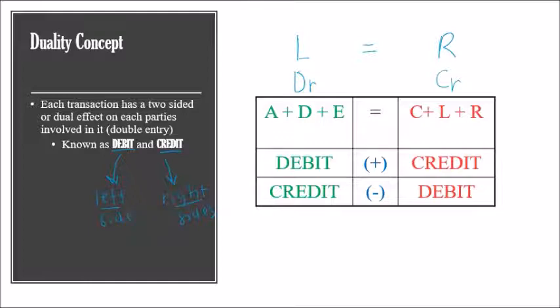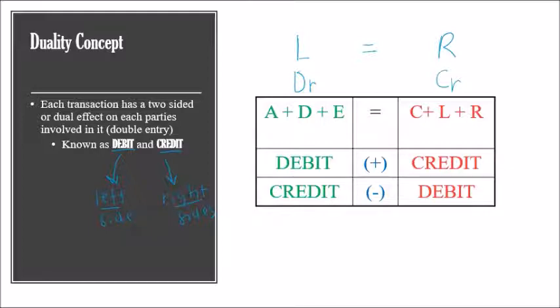When you are on the debit side, which means the left side, the debit shows an increase. So any element of the equation, ADE, put on the left side will increase.